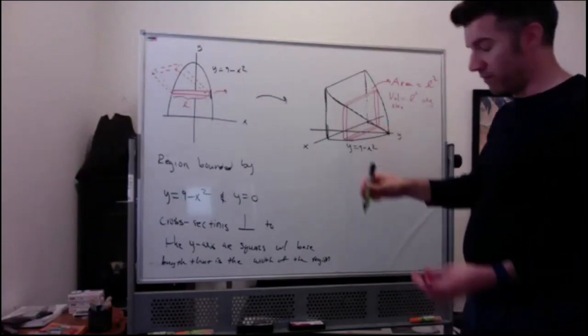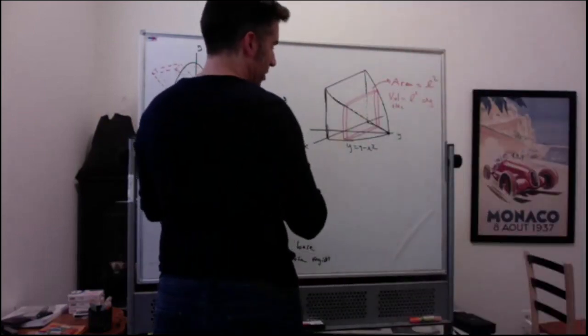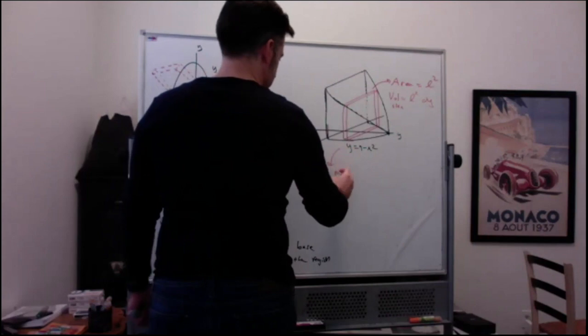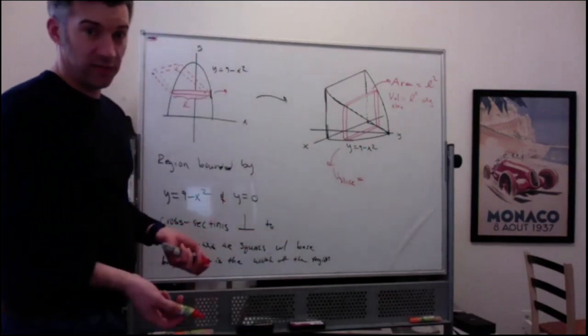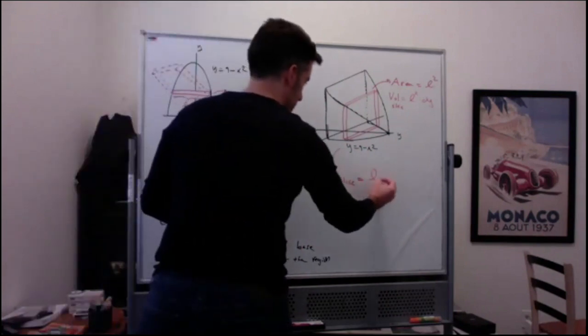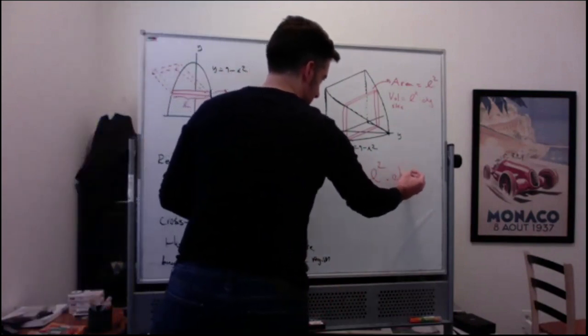So the volume of this slice, which I've already written over there, is just the area of the square, which is the length of a side squared, times the thickness, which is dy.